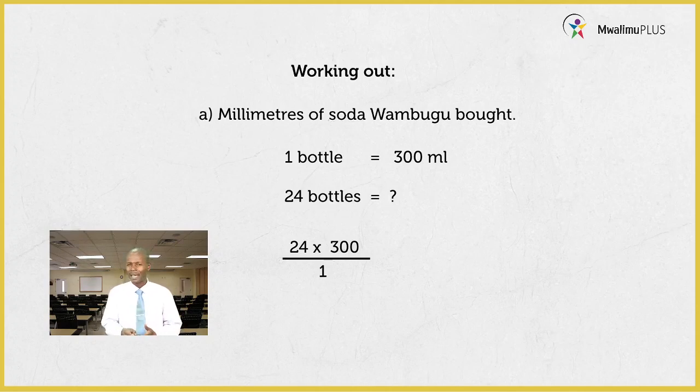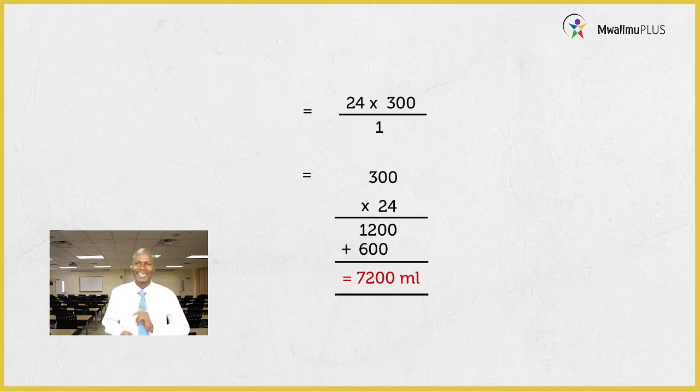The simplest way to work it out is simply take 24 by 3. Once you have that, then bring in the 2 zeros. So what is your answer? Your answer should look like this. So it is 7,200 ml.